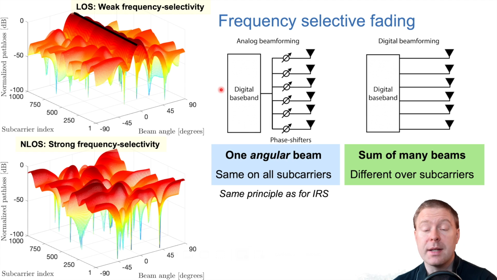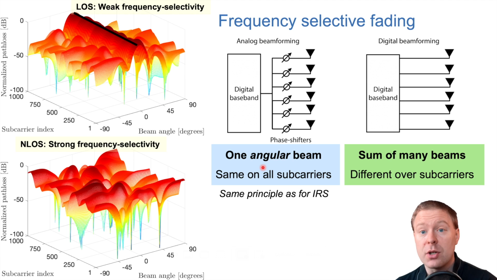And this is something that is considered in millimeter wave 5G, to use analog beamforming, where we know that we will only use this technology in line of sight scenarios, or scenarios with one strong path. And then we can lock onto that path by using phase shifters and just send one angular beam in one particular direction that is the same on all the subcarriers. And here comes the important thing.